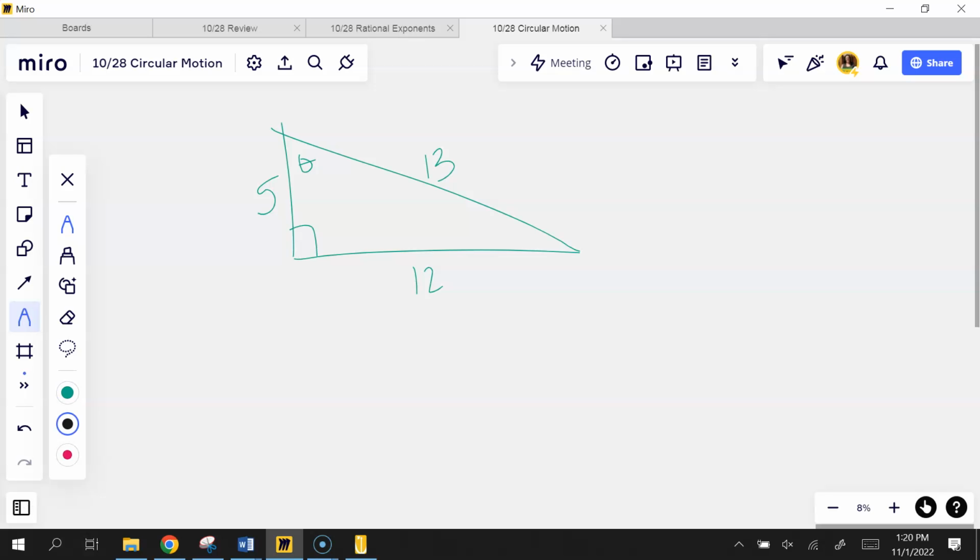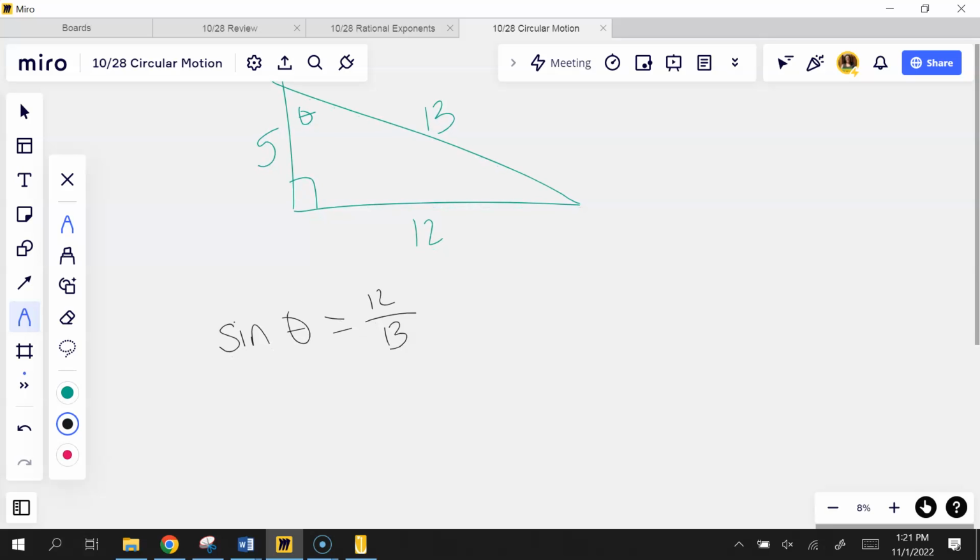So let's go through. The sine of theta here is what? Opposite over hypotenuse. So what's the opposite of theta over? Easy? Leave it just like that. Cosine: adjacent over hypotenuse.